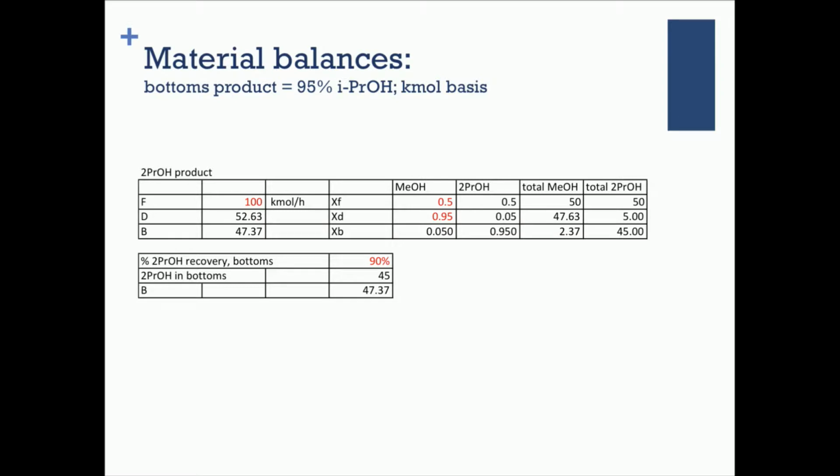Here we show a process in which we are going to get 95% isopropanol in the bottoms, and we're going to have a 90% recovery. That would be a good idea because we would like to recover as much of the isopropanol as possible.